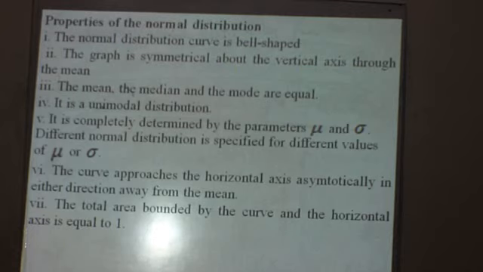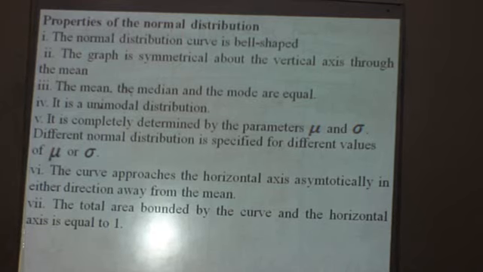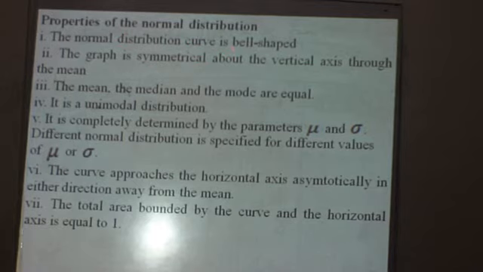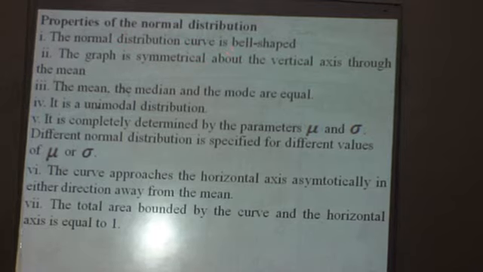Now, let's look at the properties of the normal distribution. The normal distribution is curved, which is of bell shape.